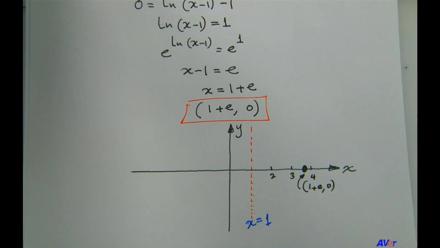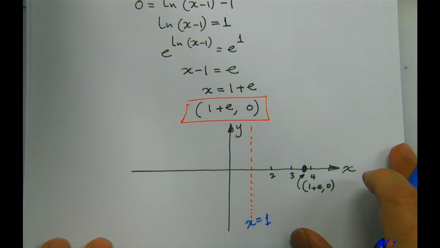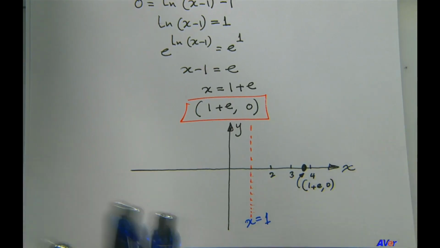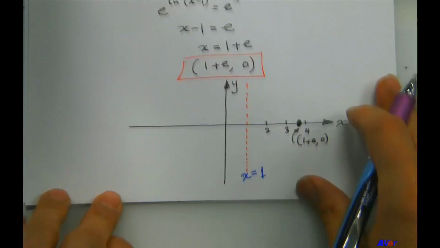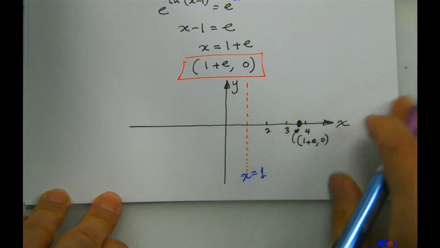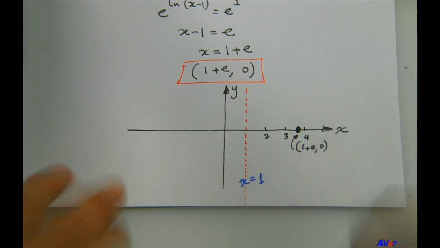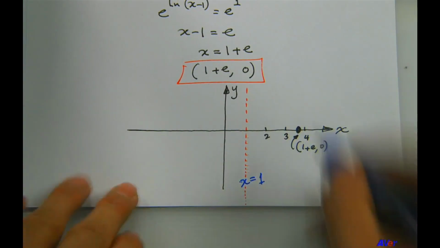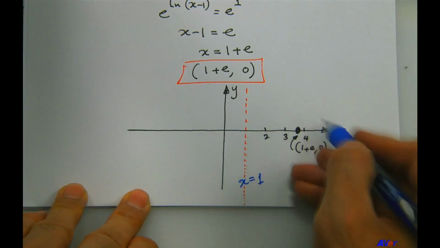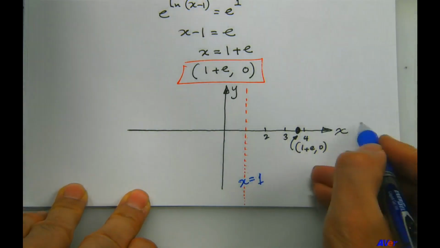And this is a logarithmic function, so the graph would go off the page here. Let me extend this. A graph of this would look something like this, I'll try to draw it as best as I can.